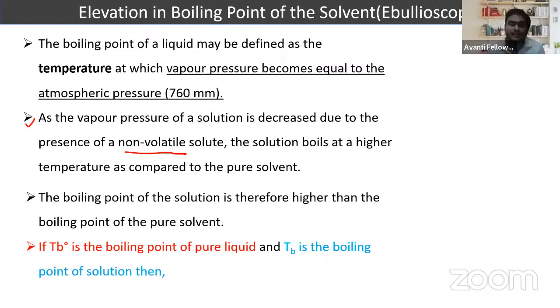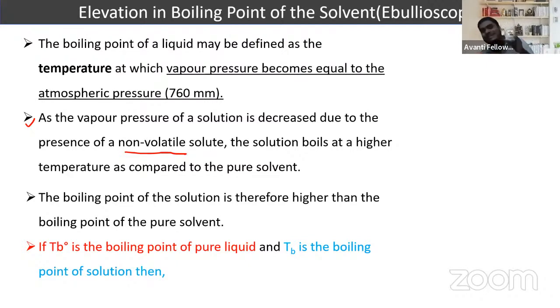So as the vapor pressure of the solution decreases due to the presence of non-volatile solute, the solution boils at a higher temperature as compared to the pure solvent. Right. Now, the boiling point of the solution is therefore higher than the boiling point of the pure solvent.